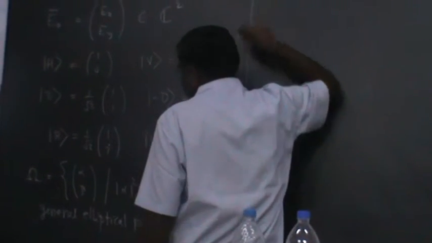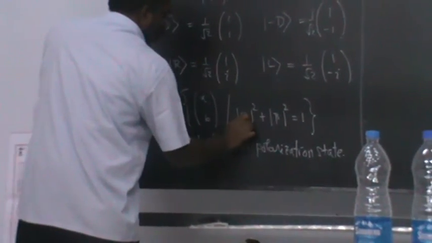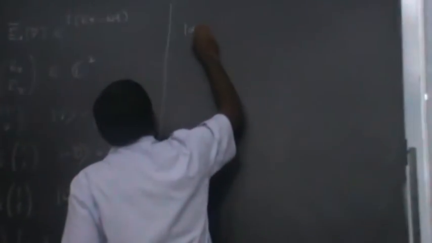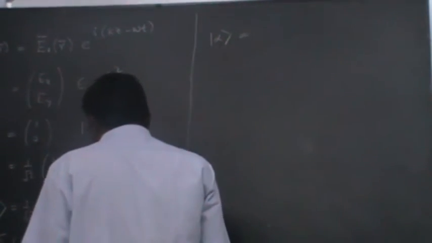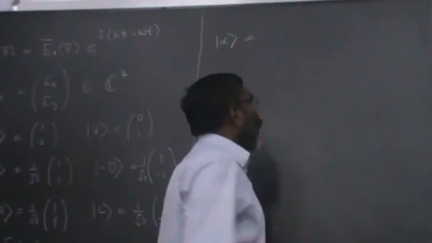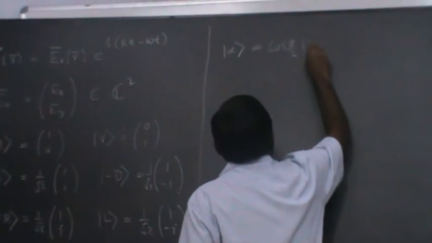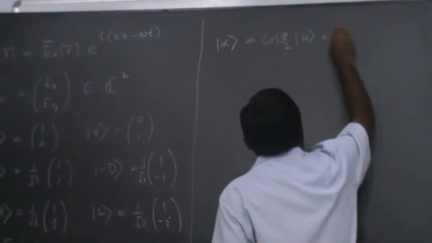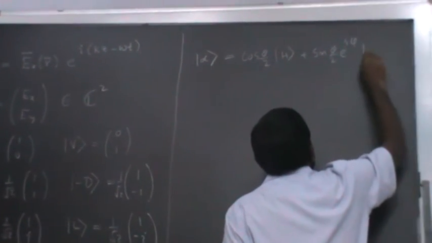Let's call the coefficients A and B here, with mod A square plus mod B square equal to 1. Because of this condition, I will parameterize a general state as cos theta by 2 times horizontal polarization plus sin theta by 2 into e to the power i phi times vertical polarization.